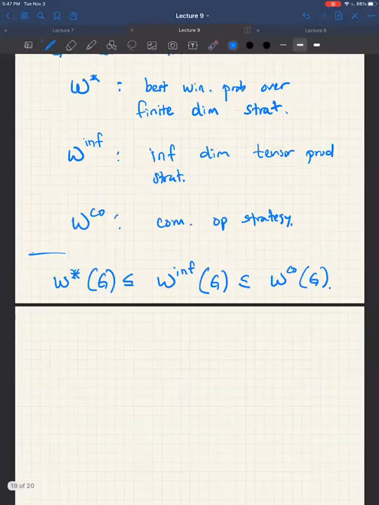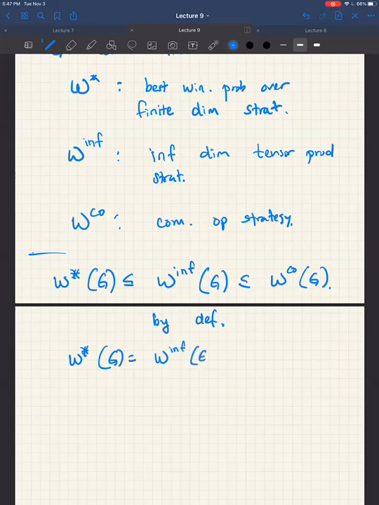So these inequalities follow by definition. And in fact, the first two are equal. This actually follows from the fact that omega star is defined as a supremum.